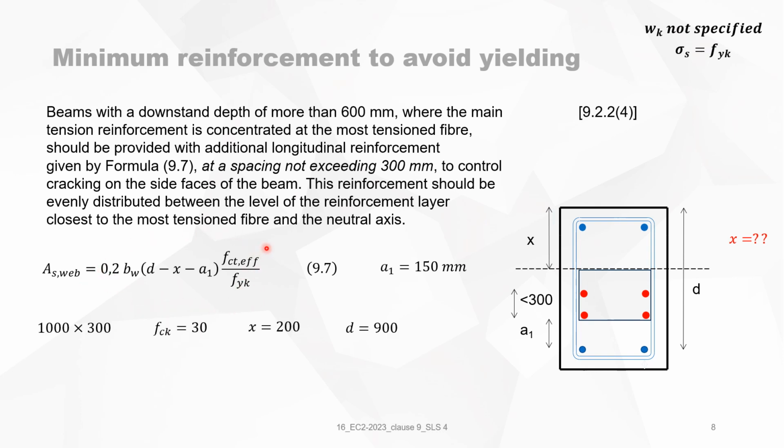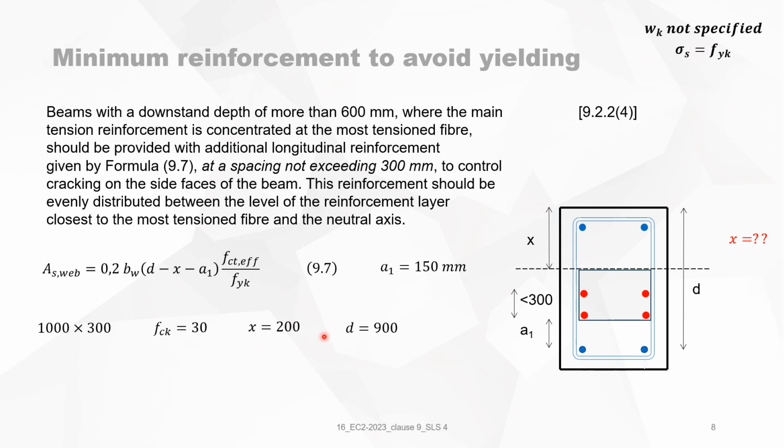And we will now take a simple example, a beam of 1 meter by 300 millimeters, concrete grade 30, and the effective depth is, for instance, 900 millimeters. What is X? This clause does not say in which ultimate limit state you have to calculate it. So we don't know what is the X. It's not clear.